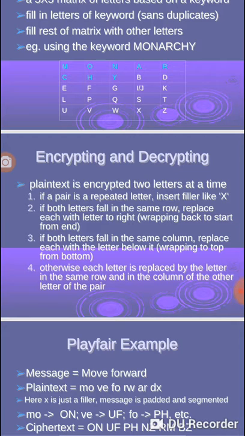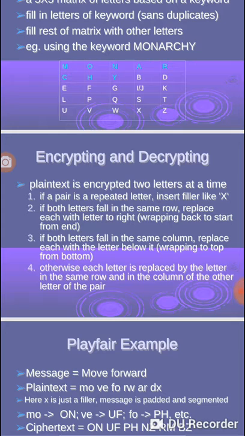The plain text is encrypted two letters at a time. The first rule: if a pair is a repeated letter, then insert a filler like X. Second, if both letters fall in the same row, then replace each with the letter to its right, wrapping back to the start from the end.